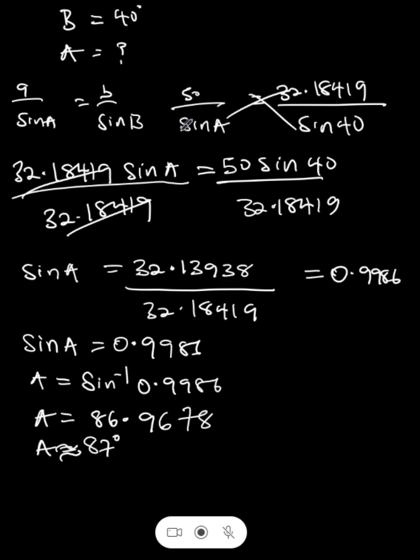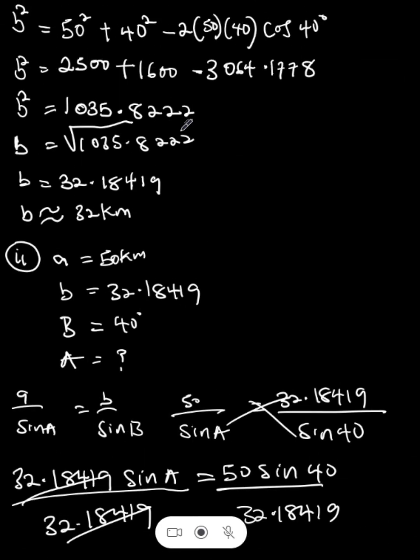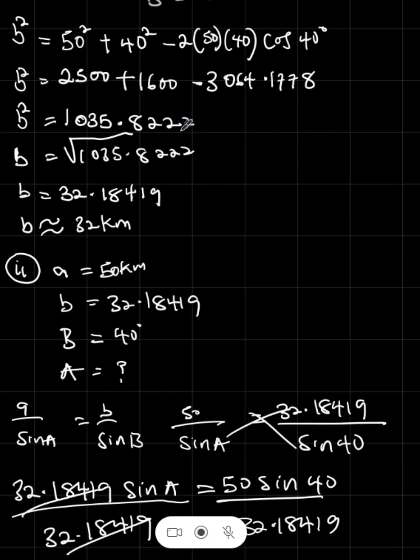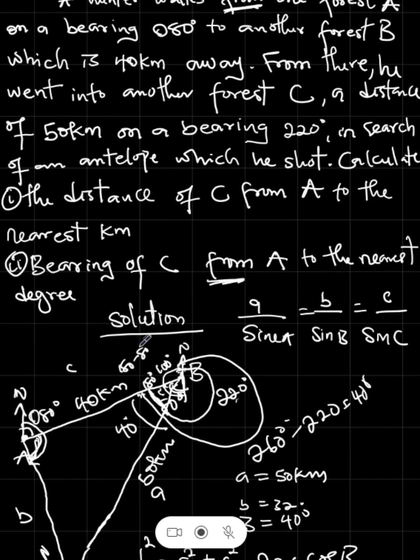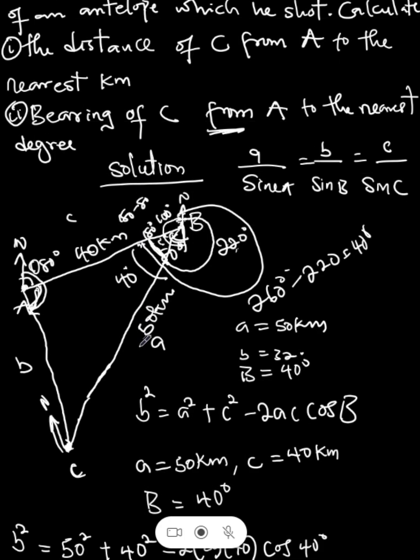Now, we come back to our bearing, right? Because what we are told to find is the bearing of C from A. So this angle now is 87 degrees, right? But then we need to find the bearing of A. The bearing of A is from the North Pole up to this point, which is 80 plus 87.